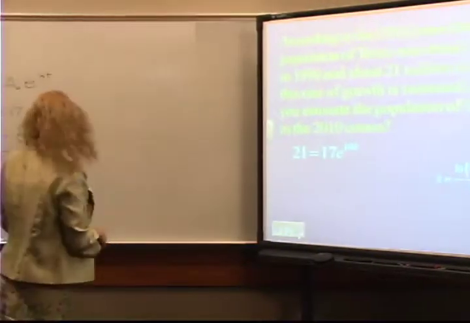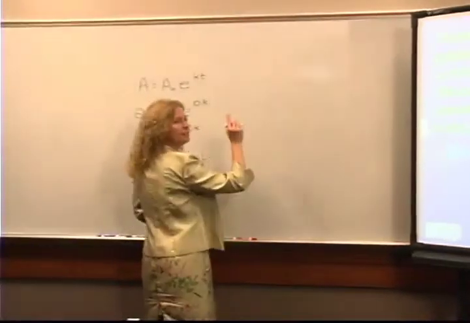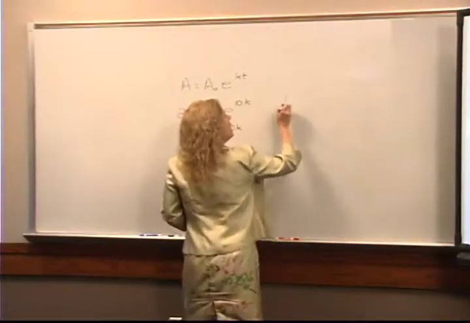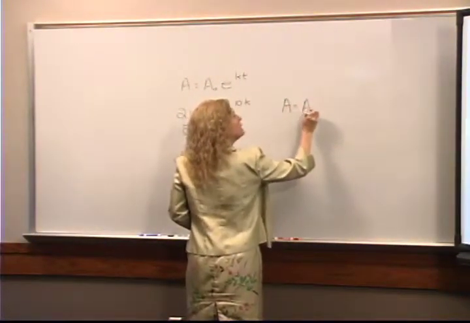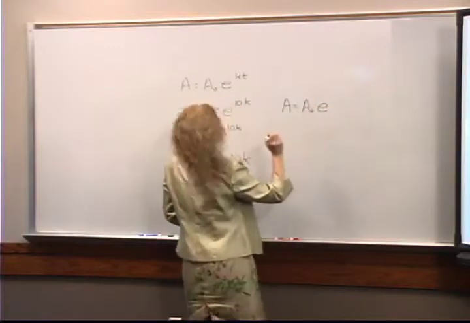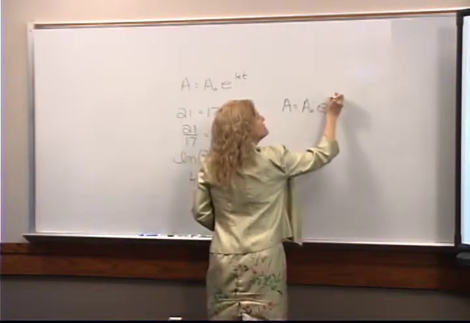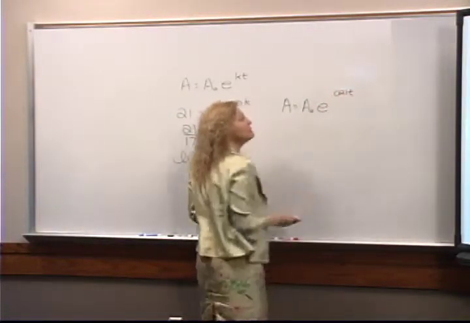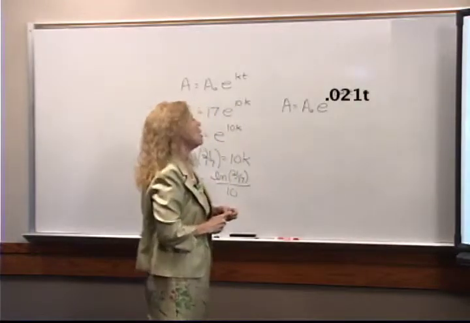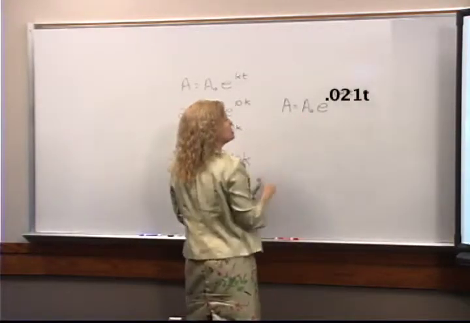So now I know that for Texas, A is equal to beginning amount times e raised to the 0.021t. Well, and I actually know this beginning amount as well, don't I?